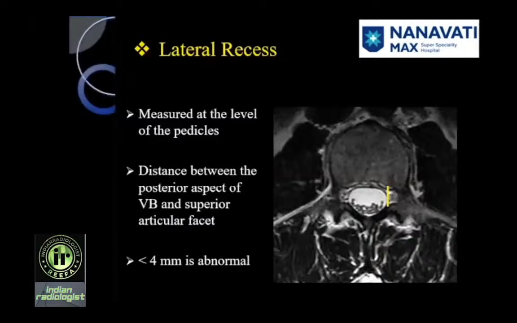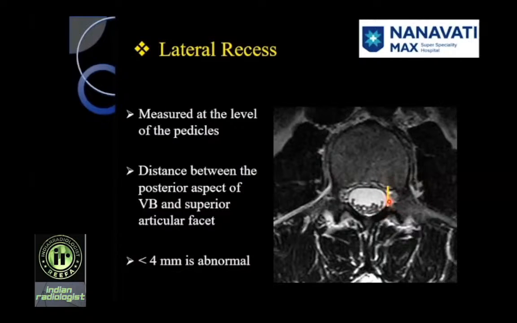A little bit about lateral recess, where we talk about lateral recess stenosis quite often. This is the distance between the posterior aspect of the said vertebral body, so it's L4 here, and superior articular facet of L5.